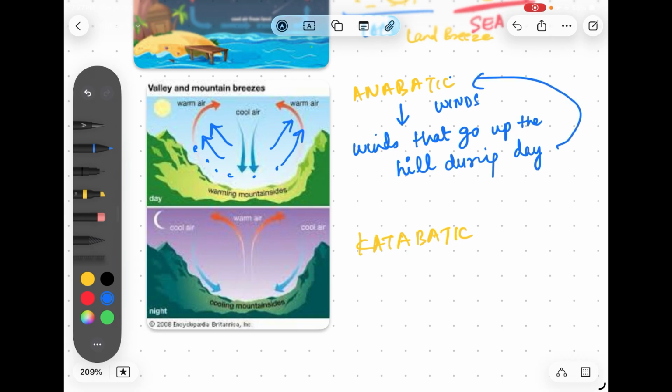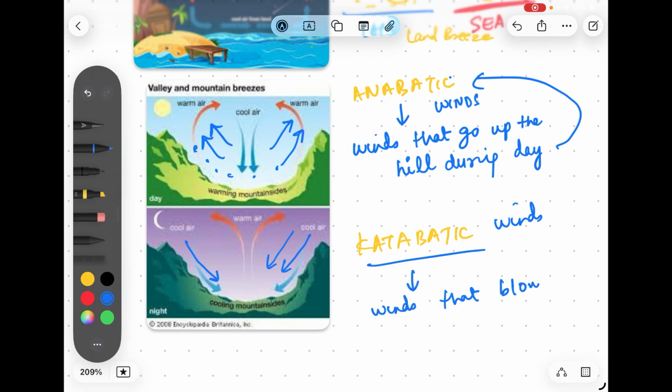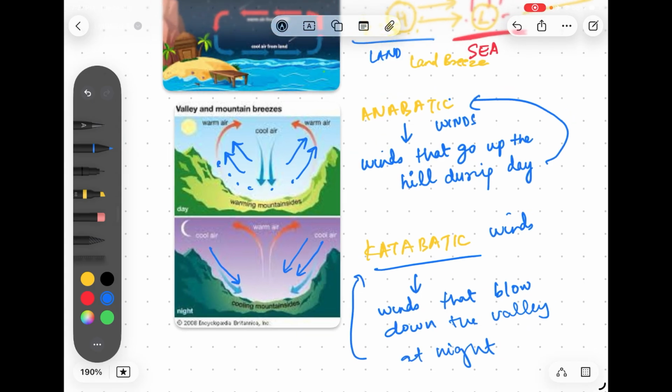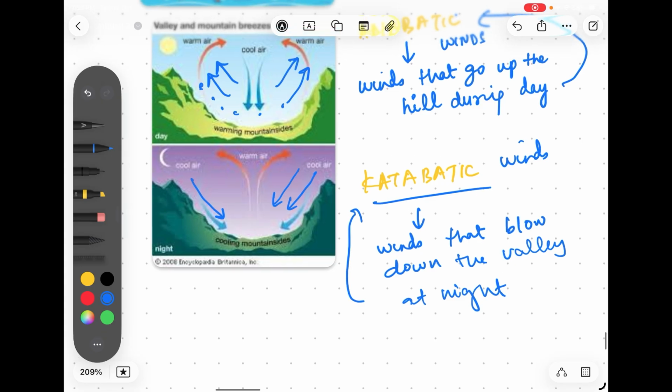And in the night, because the air is now getting cooled, it will fall down, so the air sinks, right? So these are the catabatic winds. You could just remember it like this: winds that blow down the valley at night are known as catabatic winds. Now what is stronger, what do you think?